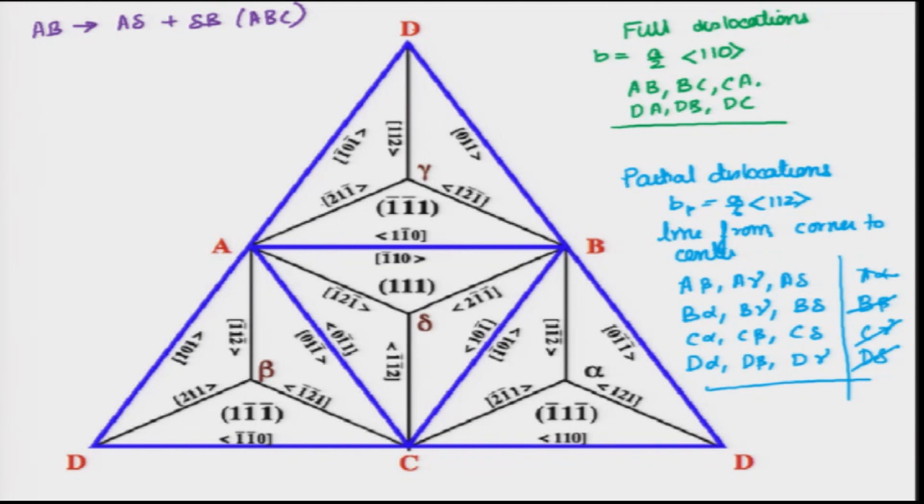Now, similarly the same Burgers vector could have dissociated on the ABD plane, and in the ABD plane this is your one partial Burgers vector, this is another partial Burgers vector. So, here AB would have dissociated as A gamma plus gamma B, and this is on the ABD plane.